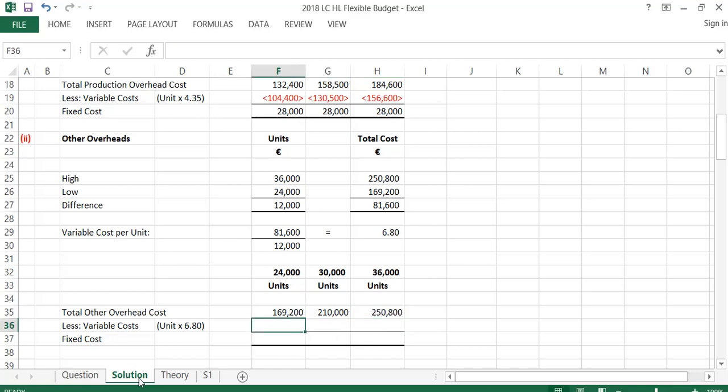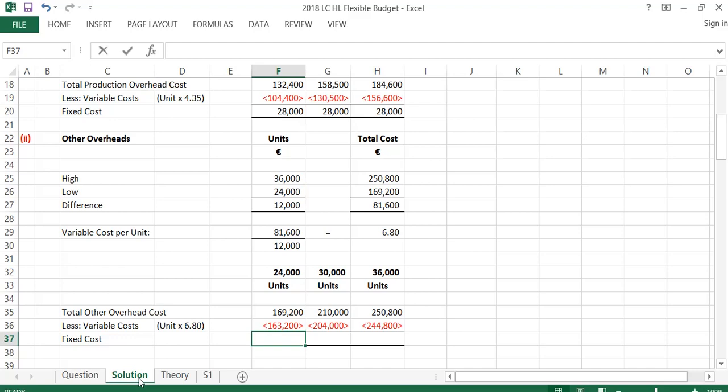Again, I'm going to take away my variable cost, which will be the units multiplied by the variable cost per unit for other overheads, which is 6.80. So I'm going to have 24,000 multiplied by 6.80, 30,000 multiplied by 6.80, and 36,000 multiplied by 6.80.